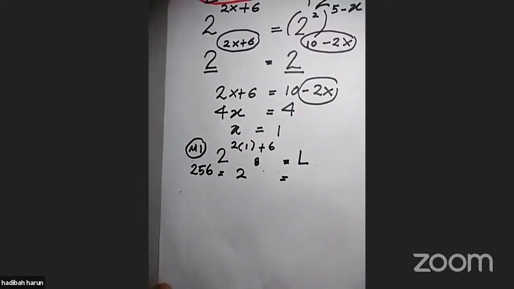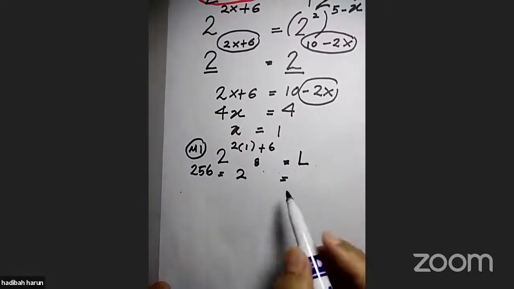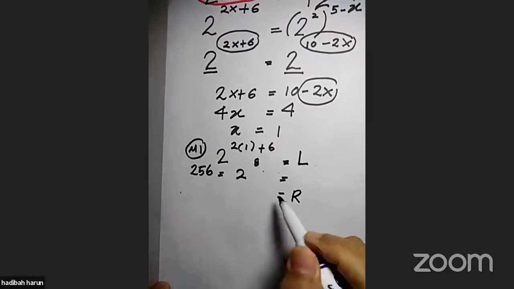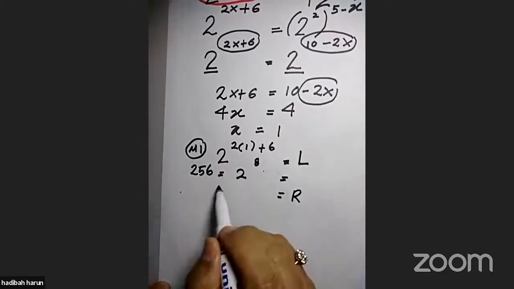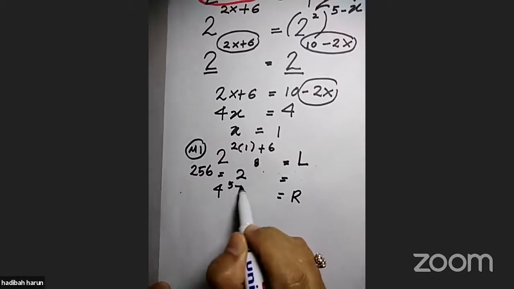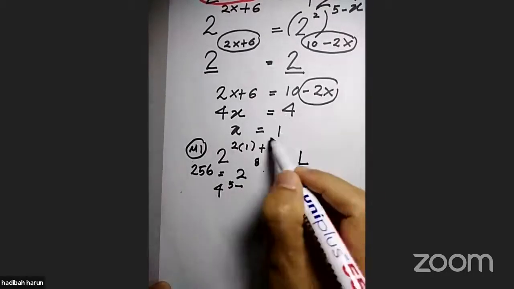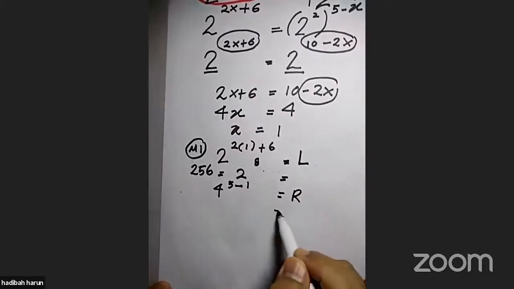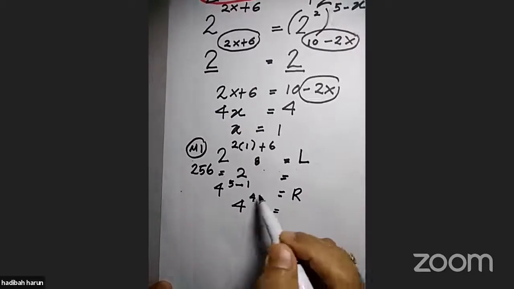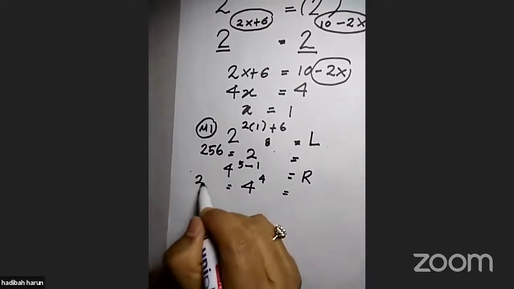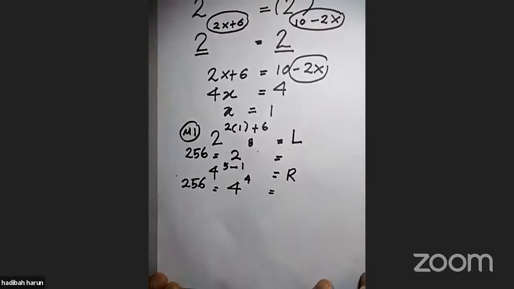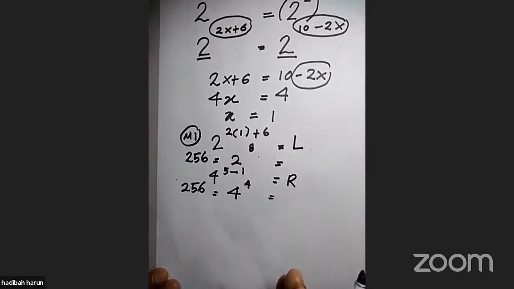On my right is the term 4 to the power of 5 minus the value of x just now, which is 4 to the power of 4, which is also 256. Then your answer is absolutely correct.